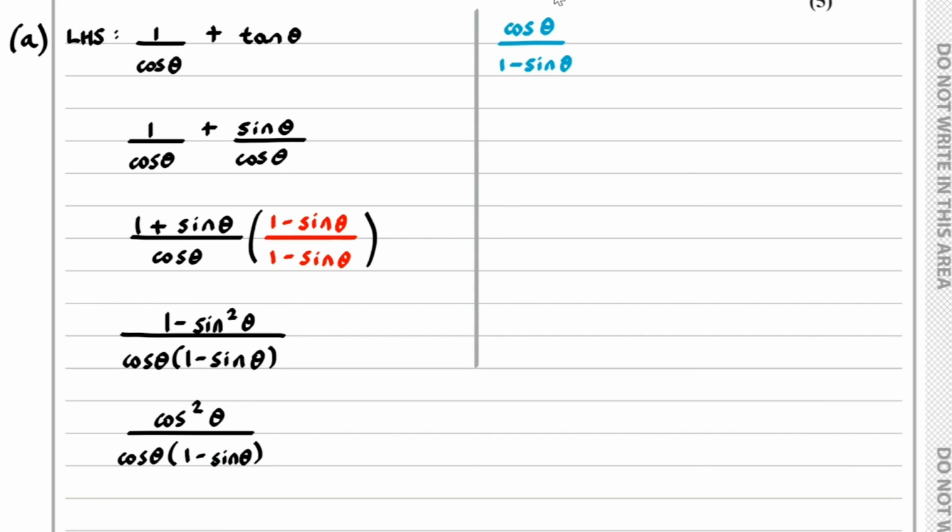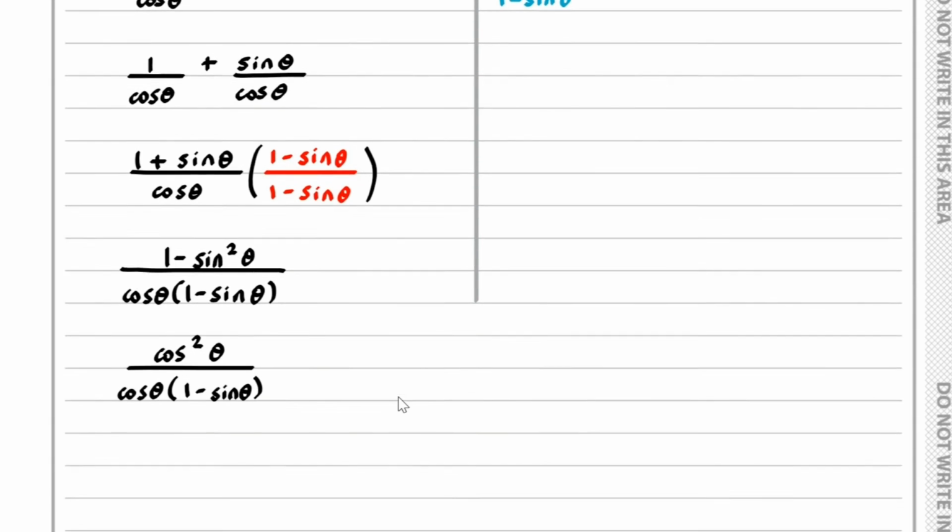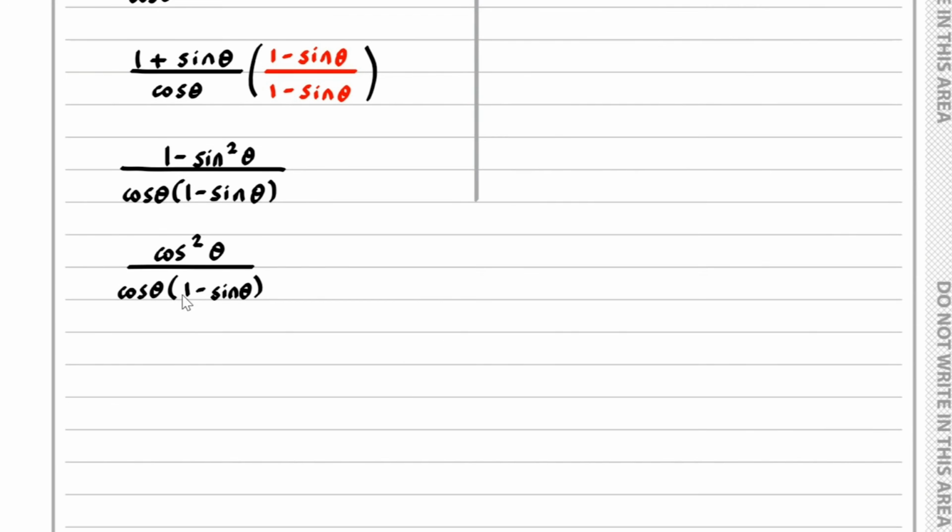And so at this point, hopefully we can recognize that cos squared divided by cos is just cos. So we are left with cos theta divided by 1 minus sin theta.